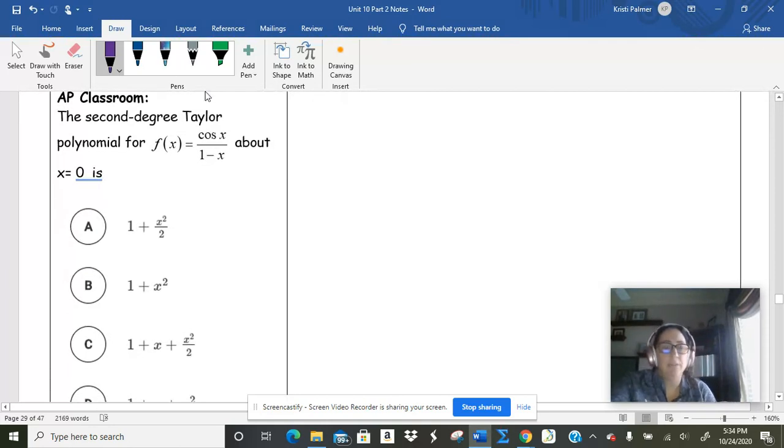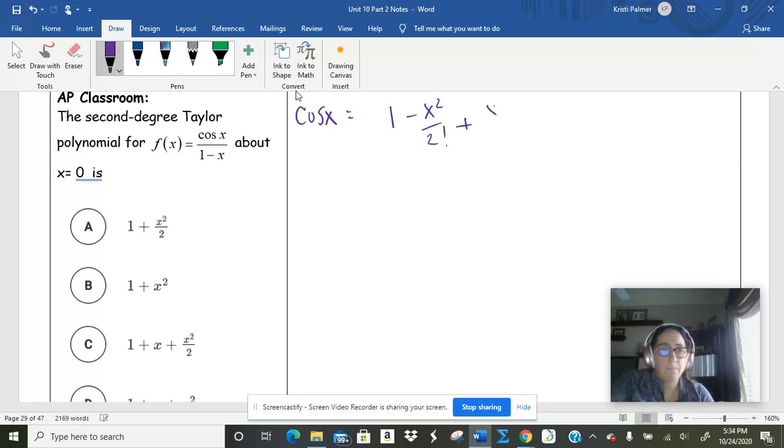Okay, after you're done, let's look at this one. So on this one, what's tough is that cosine, let's write out what cosine is. Okay, and that keeps going.